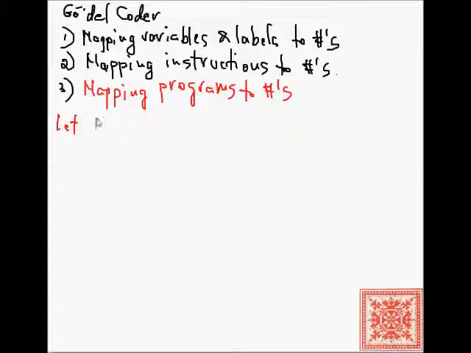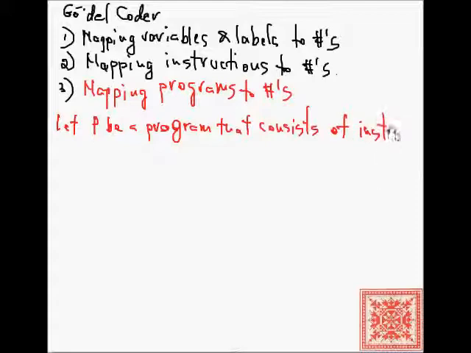Okay, so let P be an L program with some number of primitive instructions. A program is a linear sequence of instructions I1, I2, up to Ik, where k is greater than or equal to 0.